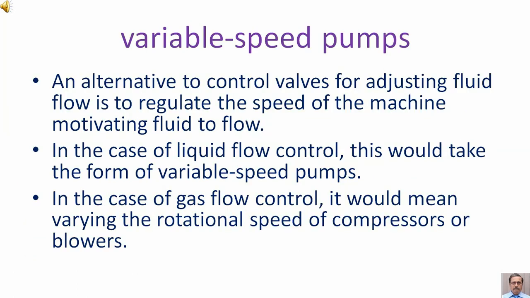Variable speed pumps. An alternative to control valve for adjusting fluid flow is to regulate the speed of the machine motivating fluid to flow. In the case of liquid flow control, this would take the form of variable speed pumps.